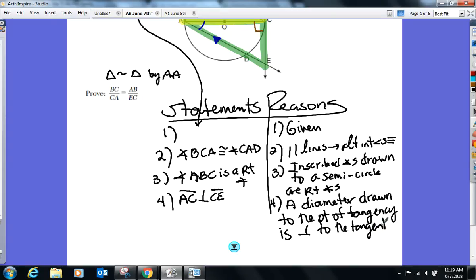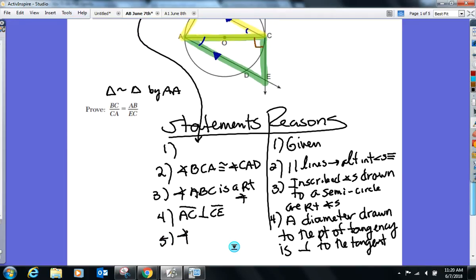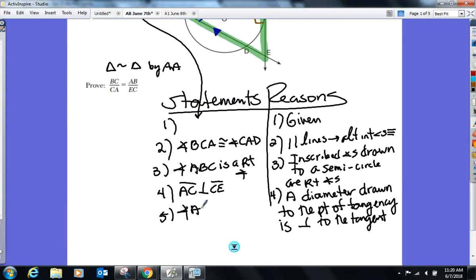This theorem only says perpendicular lines exist, not a right angle. But now that you have perpendicular lines, what do you have now? Now you got the right angle. So angle, what's that angle name there? ACE is a right angle.